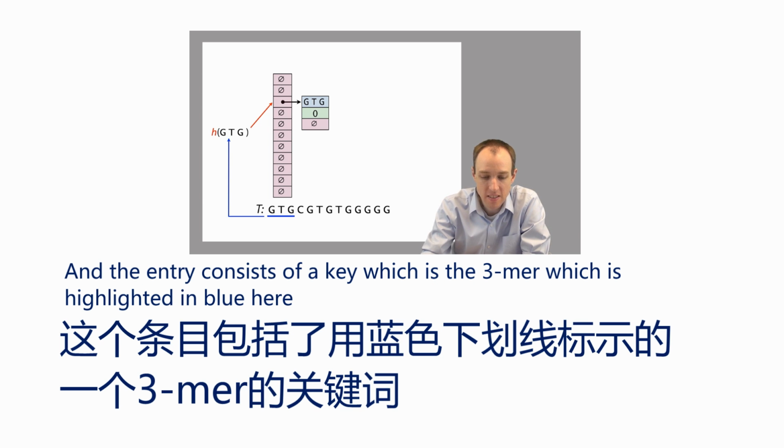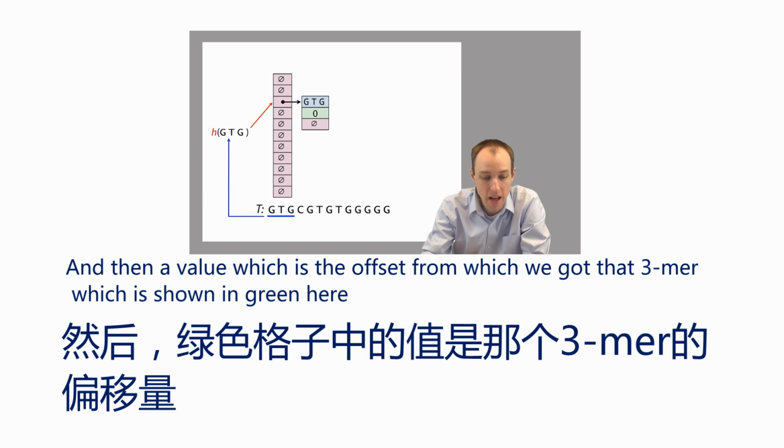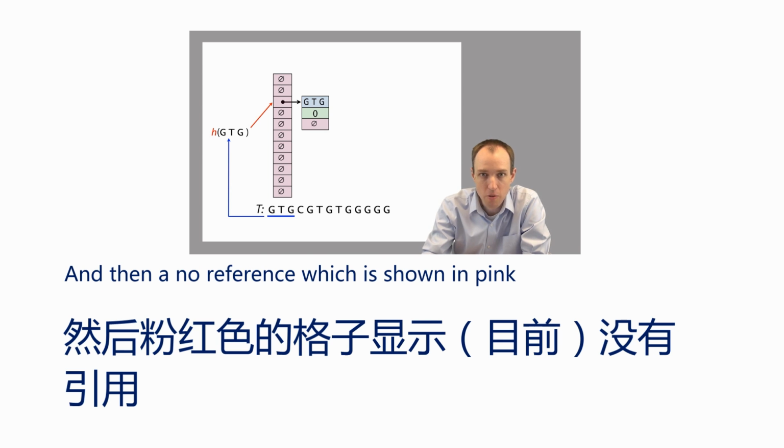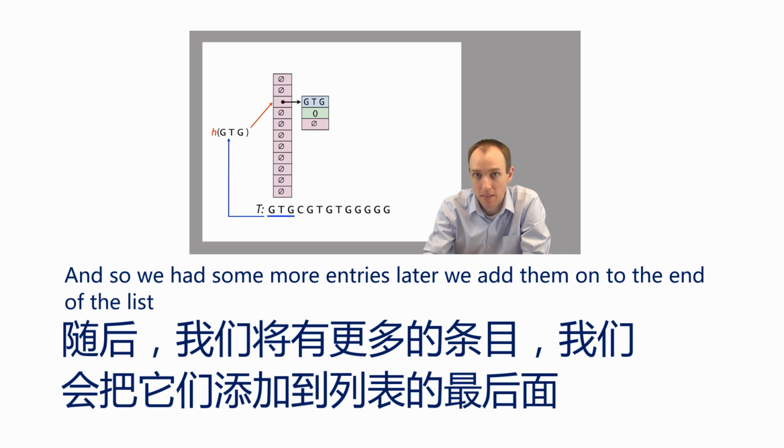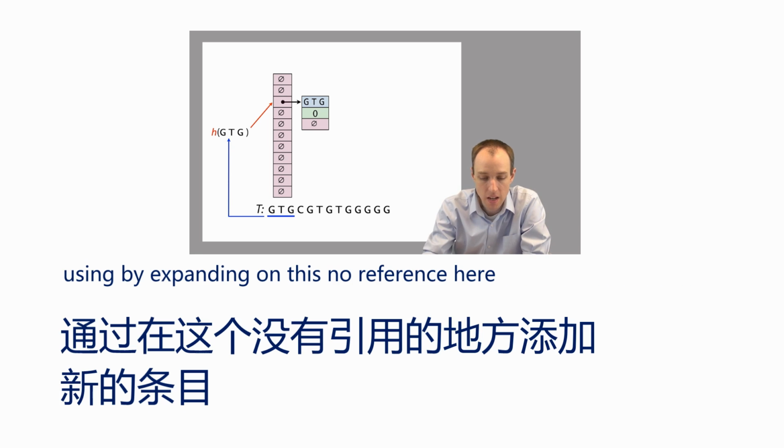The entry consists of a key, which is the threemer, highlighted in blue here, and then a value, which is the offset from which we got that threemer, shown in green here, and then a null reference, shown in pink. And if we add some more entries later, we add them on to the end of the list by expanding on this null reference here.